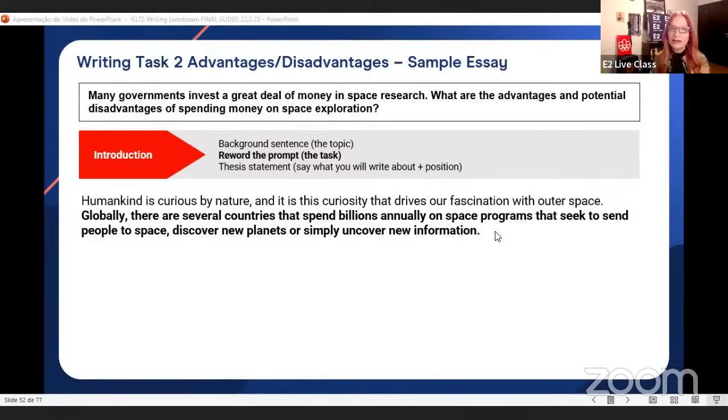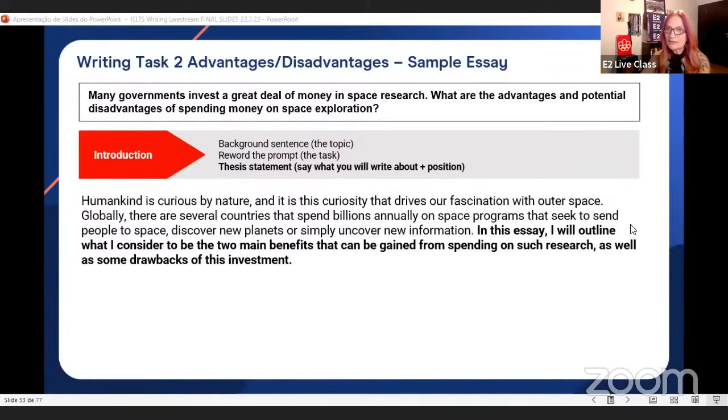So many governments invest a great deal of money in space research. So we're telling the reader the main point and what the essay is about, so that the reader knows where the discussion is coming from. That some countries spend money on space programs, and why do they do that?